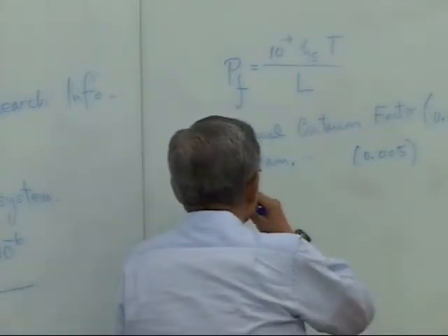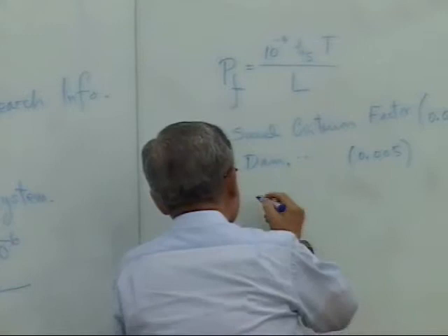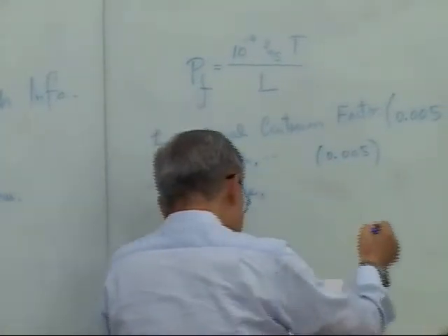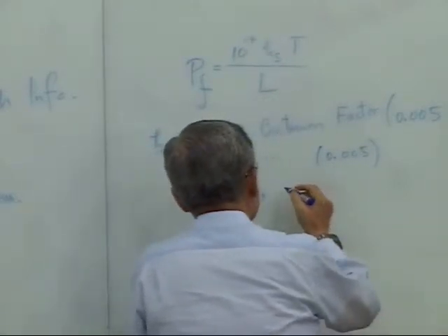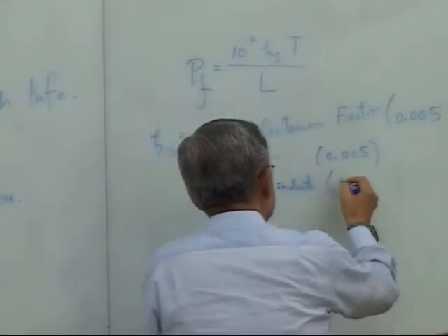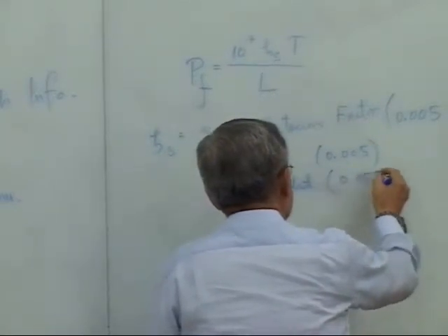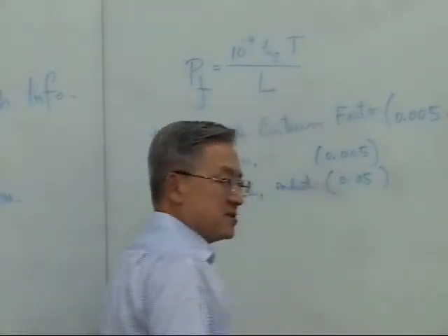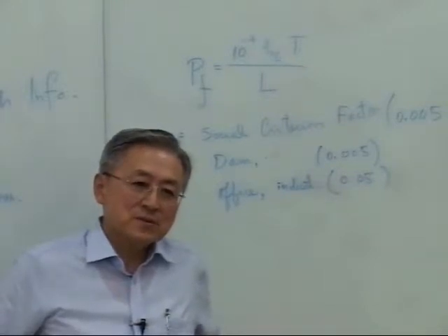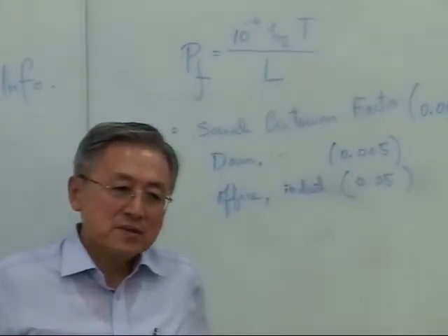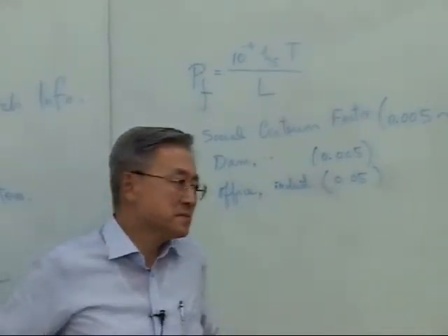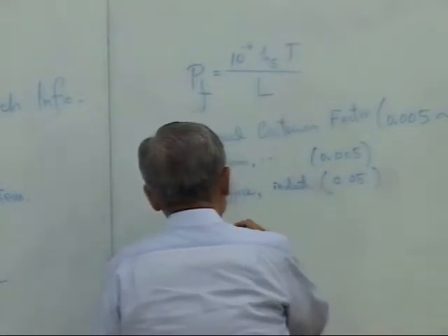And some other structures, something like offices or industrial buildings, industrial building is 0.05. It's a little bit higher. What does it mean? The allowable failure probabilities are a little bit higher than the others.